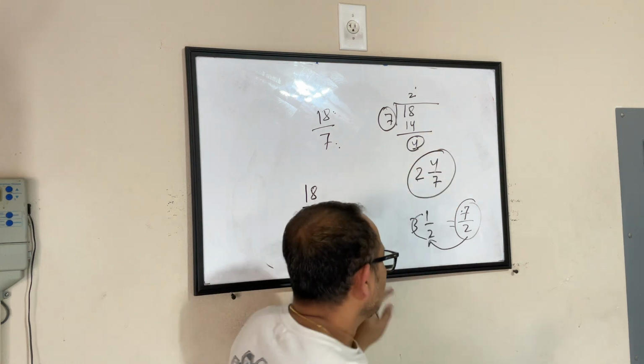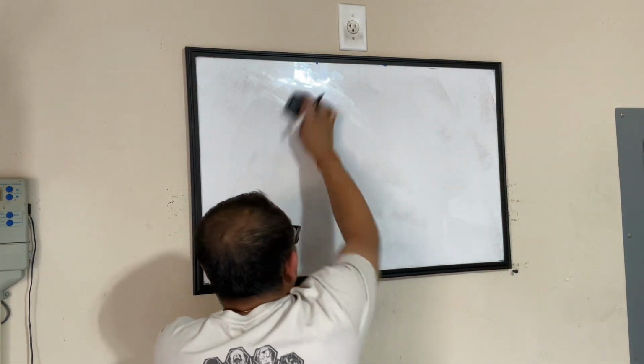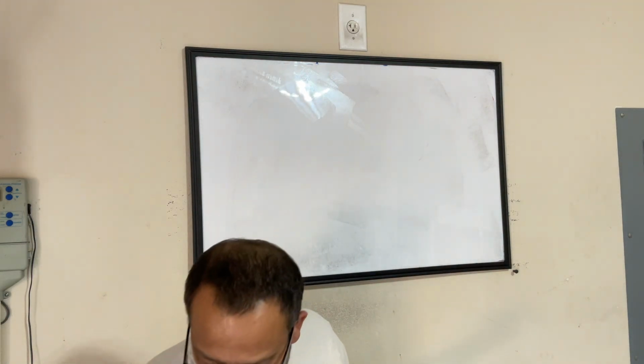Now, question to everybody. Are you guys with me or am I going way too fast? Yes, Anvi. I have a question. What if the remainder that you got for the first part is bigger than the divisor? Then you are not done with your division yet.